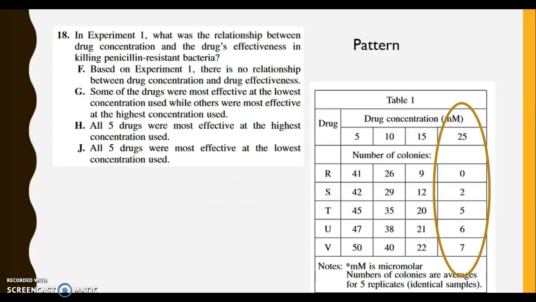We looked earlier that if our drug concentration was increasing, our number of colonies was decreasing. So here I've just gone ahead and highlighted the highest concentration, and we can see how low the numbers are in terms of colonies that are remaining, which will lead us to answer choice H. All 5 drugs were most effective at the highest concentration used.